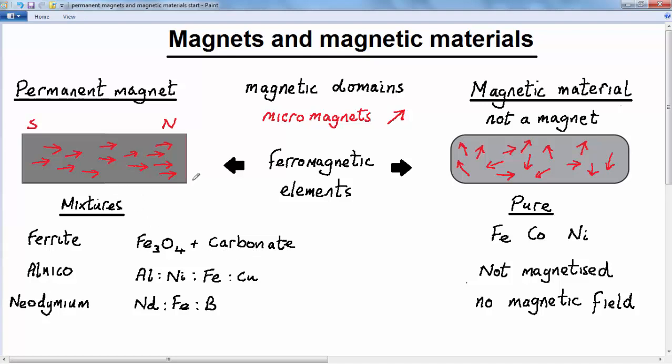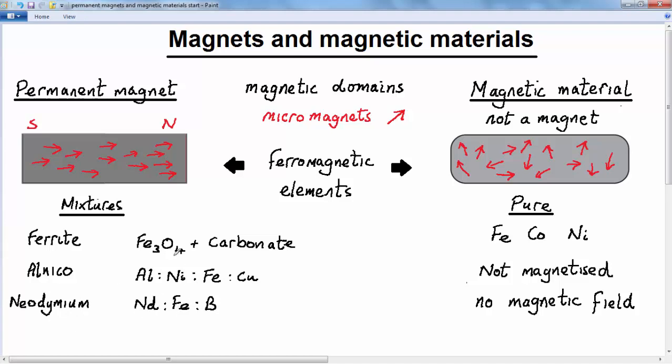That's your standard classroom ferrite magnet. Whereas alnico is an alloy made from aluminium, nickel, iron and copper, predominantly iron, but these other three elements are also present in the mixture, and sometimes titanium is used. And modern day neodymium magnets are alloys or mixtures of neodymium, iron and boron.